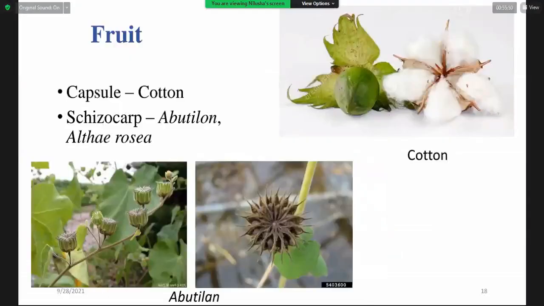Now we are going to see, in the Malvaceae family, that the fruit type is the capsule.